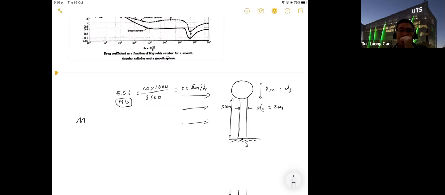Remember the equations from fluid statics, when you have to find force on plane surfaces and curved surfaces, okay, we have some questions about the moment. Do you remember the equation to find the moment?